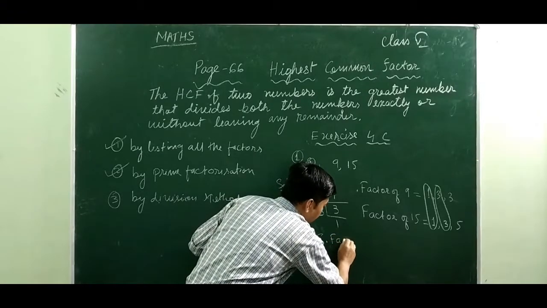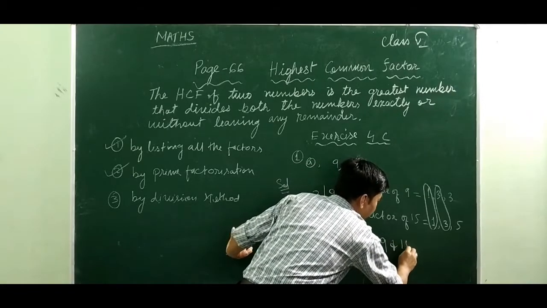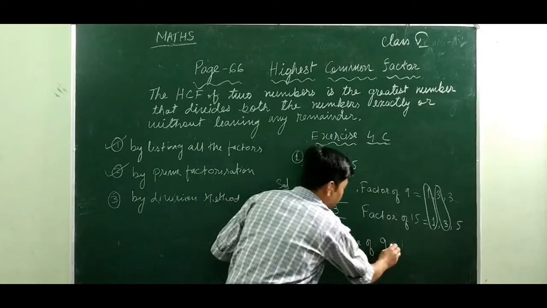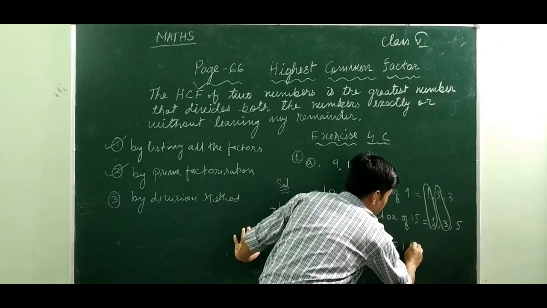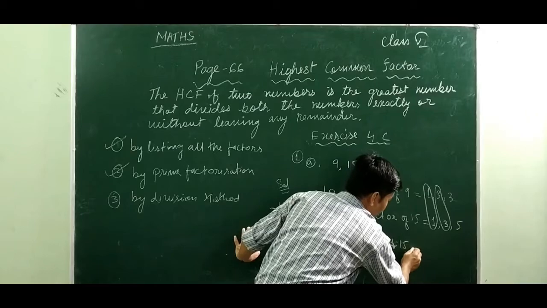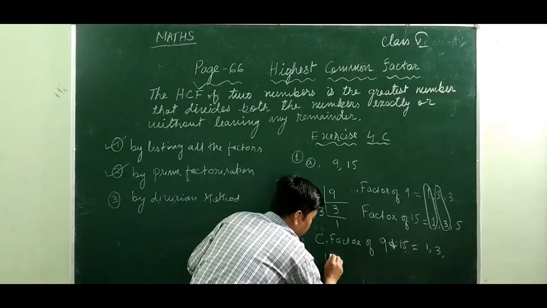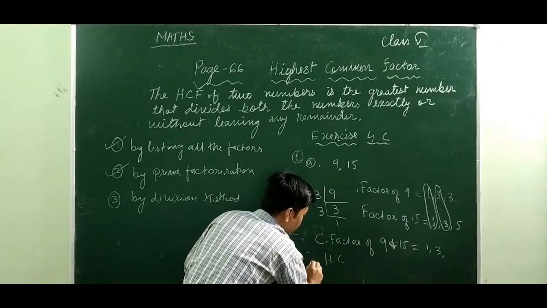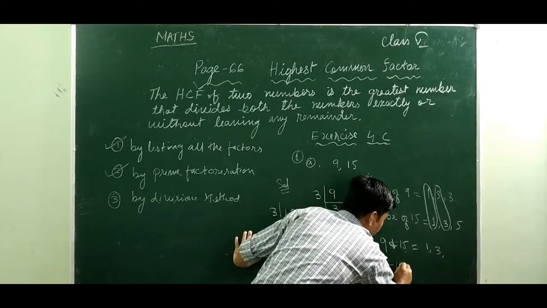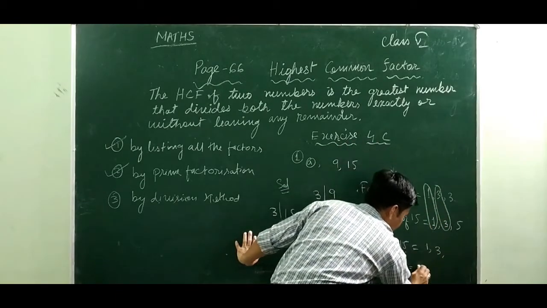Common factors of 9 and 15: the common factors of 9 and 15 are 1 and 3. Therefore, the HCF of 9 and 15 is 3. 3 is the highest common factor, right?